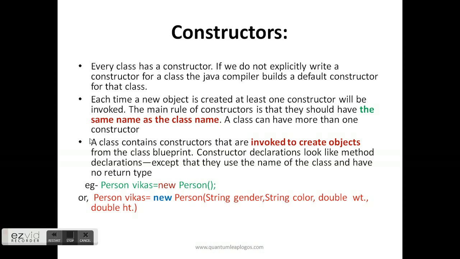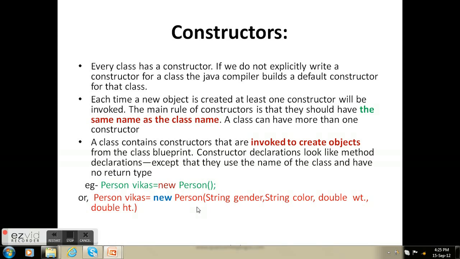That is, if one constructor Person has no parameters, then the second constructor must have at least one parameter, or two, three or four parameters. Here I have mentioned four parameters, and one constructor can have only one parameter, like a person's gender.